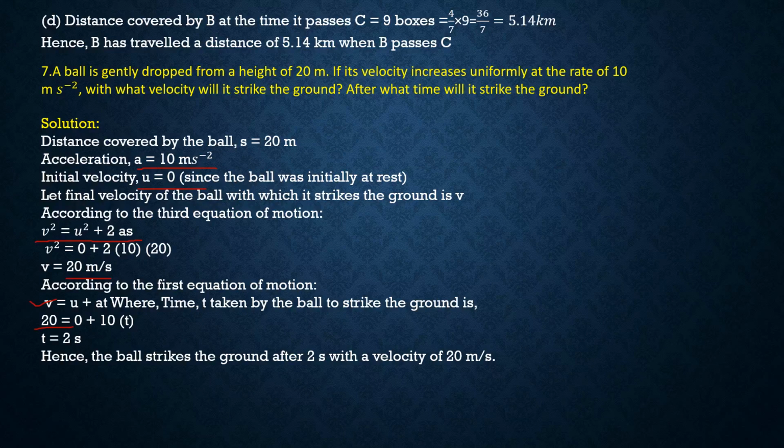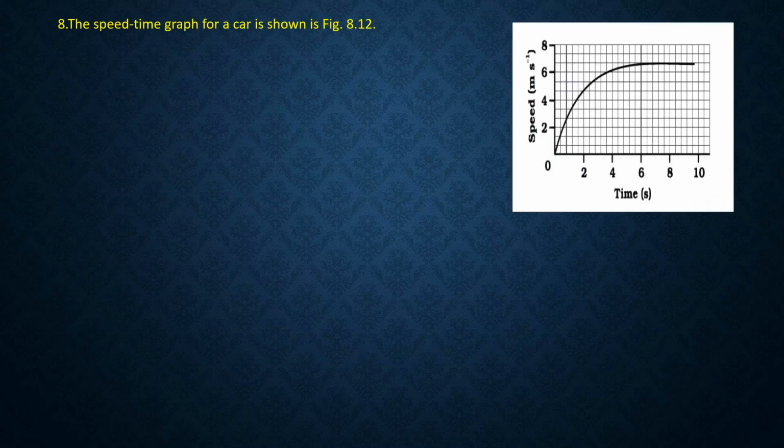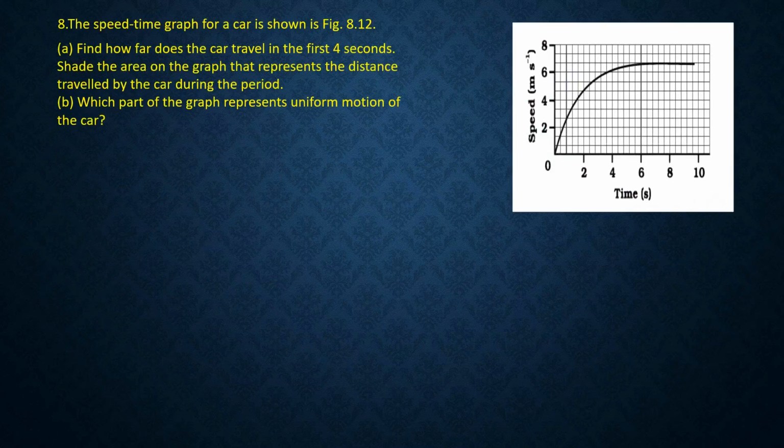Now the speed time graph for a car is shown in the figure. Our first question is: find how far does the car travel in the first 4 seconds. Shade the area on the graph that represents the distance traveled by the car during the period. So this is the first 4 seconds, 0 to 4.